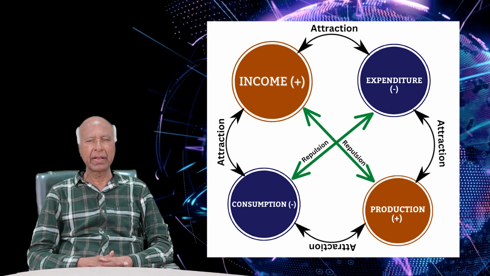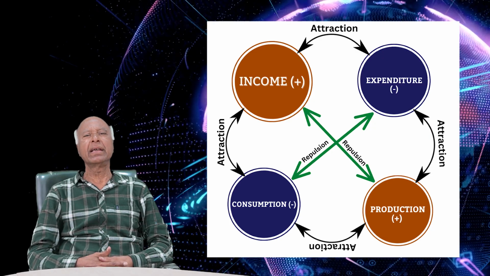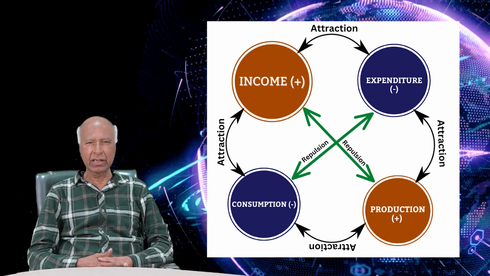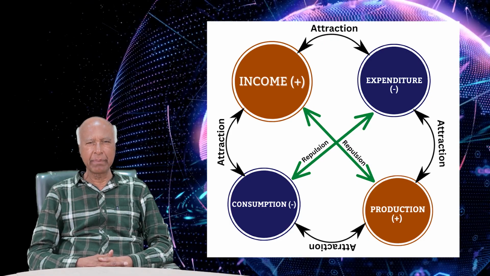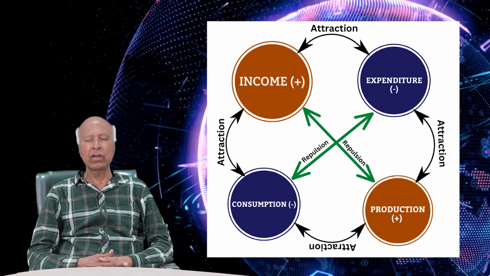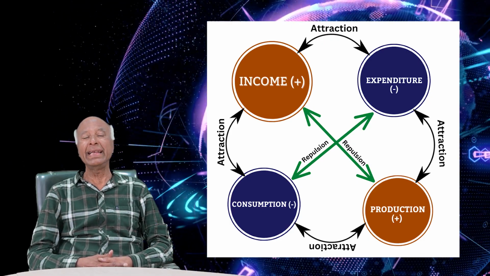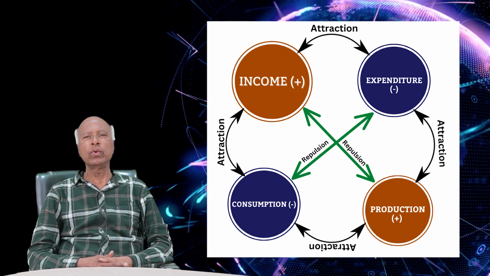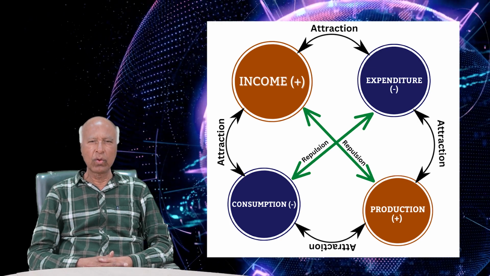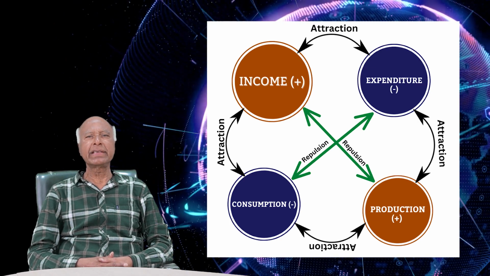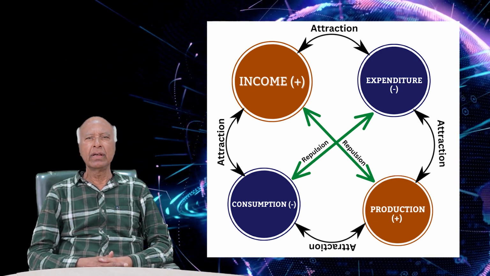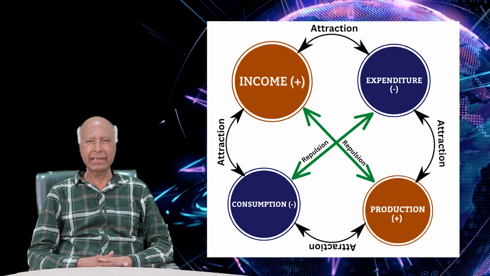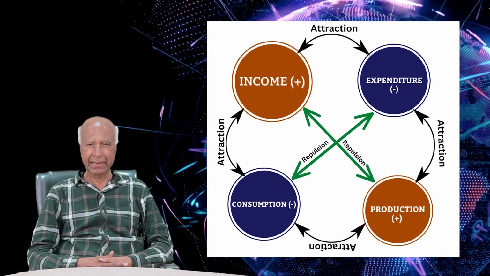Here I am taking the help of science also. Plus and minus are the two poles of any magnet. For electricity to flow, it is always between two poles, minus and plus.